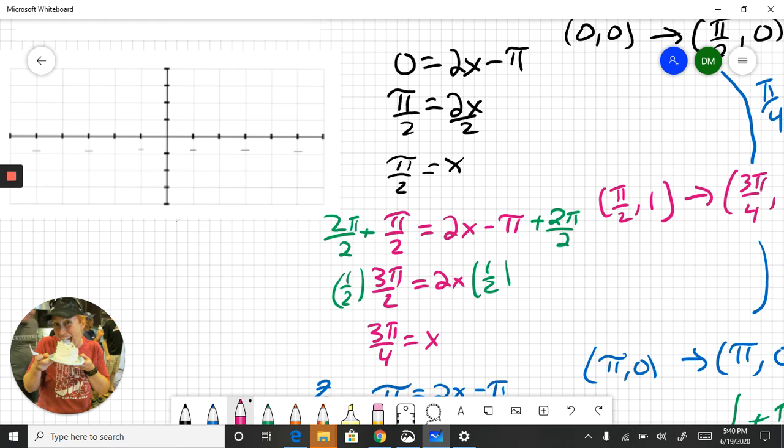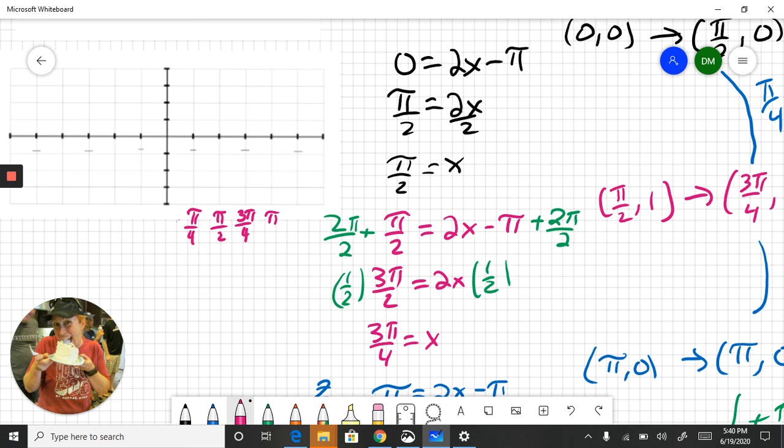All right, so they're all shifting pi over 4. So if we're starting, I erase it because if we're starting at pi over 2, I want this one to be pi over 4. Pi over 2, 3 pi over 4. So now I'm just counting by fourths.